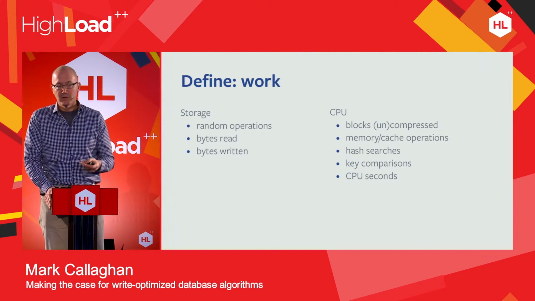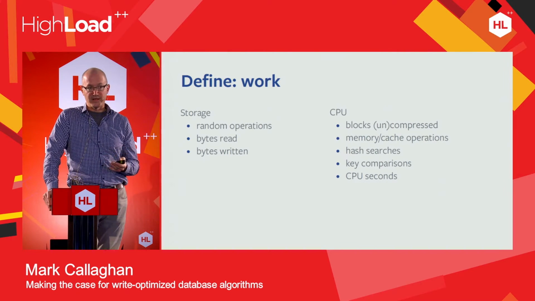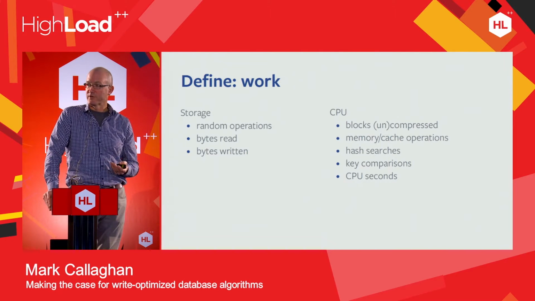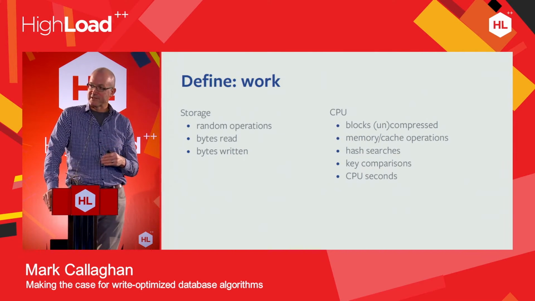For CPU, we can think of high-level metrics such as the number of blocks uncompressed and compressed, the number of memory or cache operations. If we have a hash structure, we might consider the number of hash searches. For a tree structure, the number of key comparisons. The problem with all of these high-level metrics is that they're frequently not measured or not reported from the database engine.